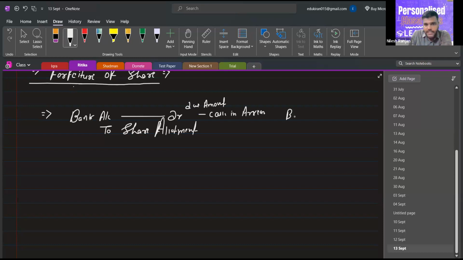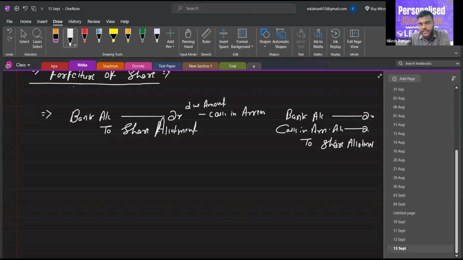And the second situation is: bank account debit, calls in arrears account debit, and to share allotment. So share allotment is the full amount, bank is the received amount, and calls in arrears is the amount which is not received. Okay. Yes, sir. So these are the entries for calls in arrears.